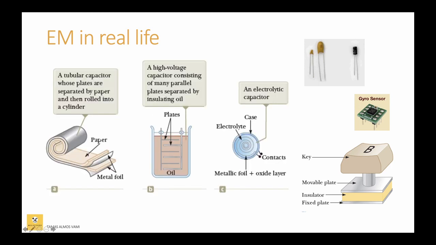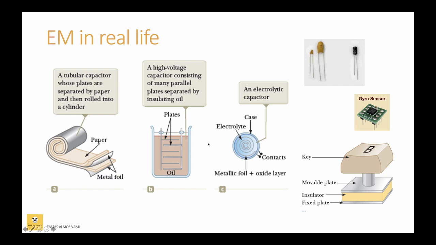So these are something on the left, where you have a metal foil and there is paper in between them, and then you are just rolling it up, because this is the way you can have big capacitances in a very small package. This black part was really about 2 millimeters, I would say. But this is how those really work.